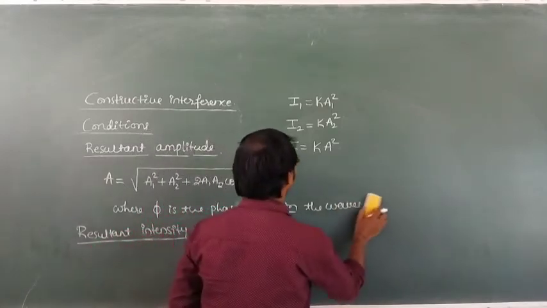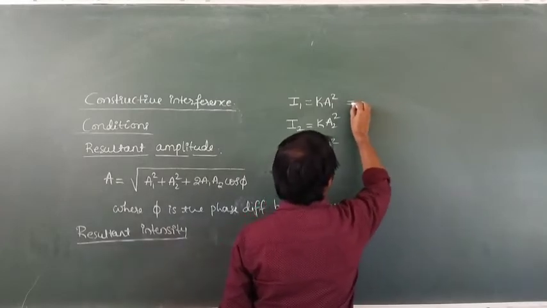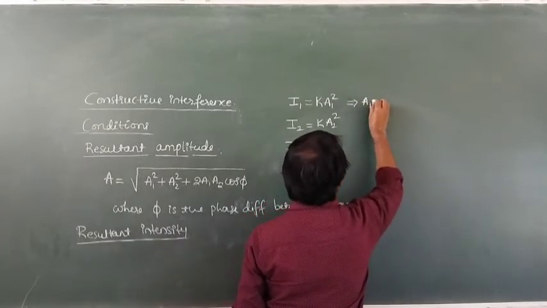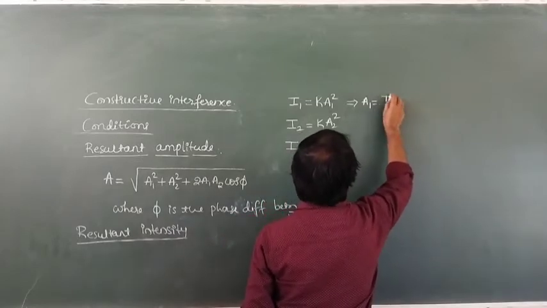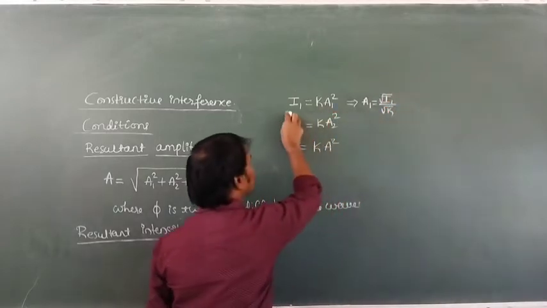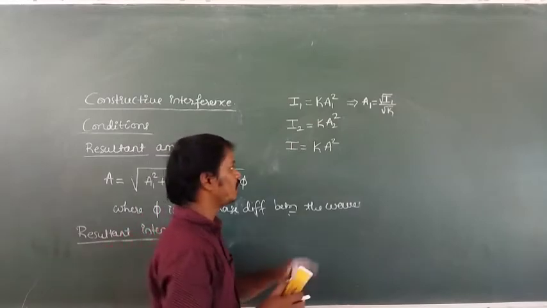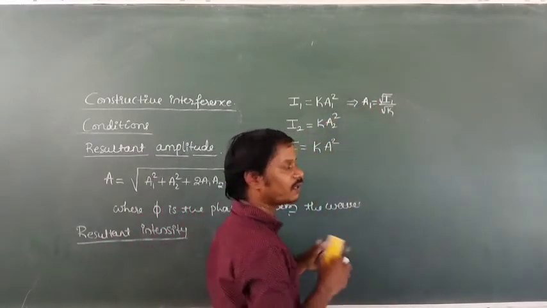Then we can write A1 as square root of I1 divided by square root of k. Means I will take this k to the left hand side. Then A1 is equal to square root of I1 divided by square root of k.